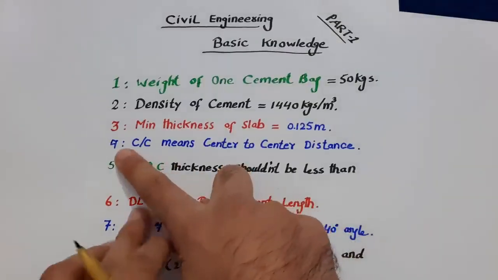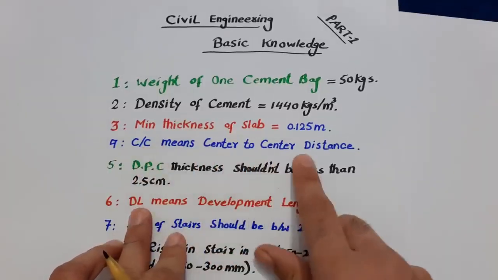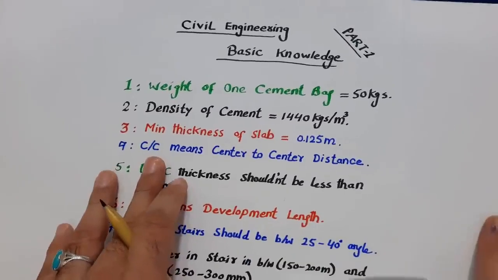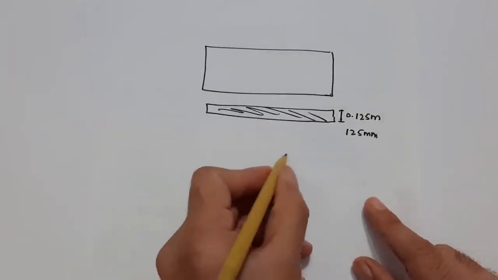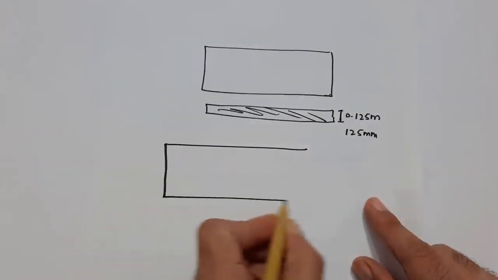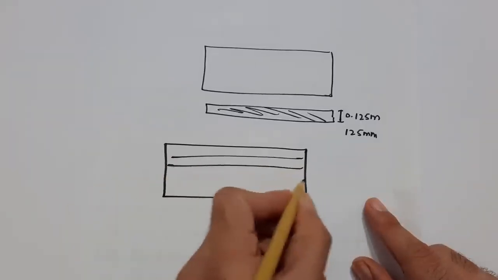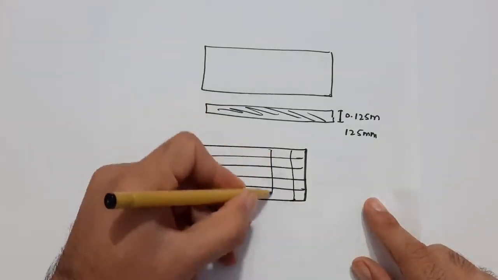Next, guys, the fourth one is C/C, which means center to center distance. C/C is especially used in the design of slabs or any RCC members. You can see this is a slab, so we are providing main bars and distribution bars.